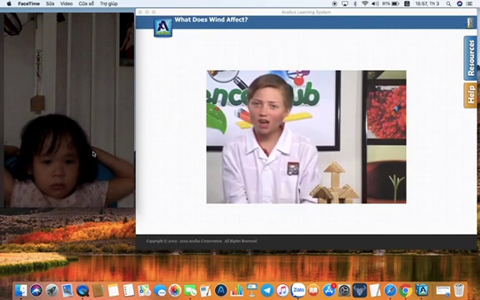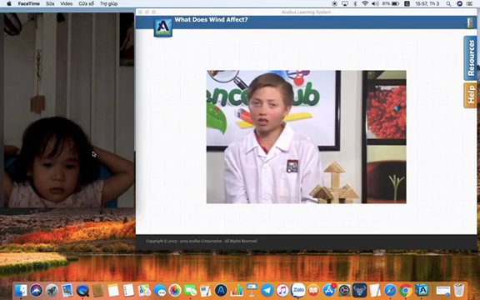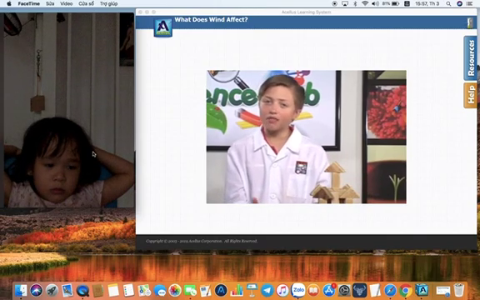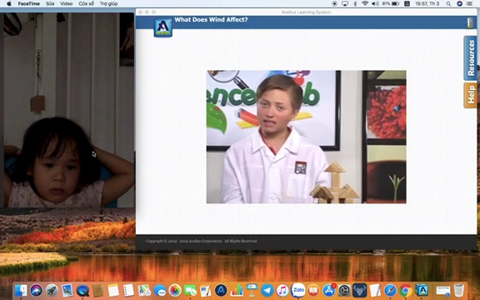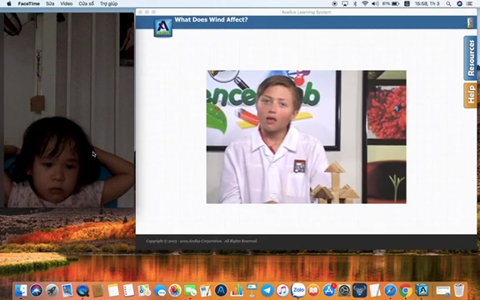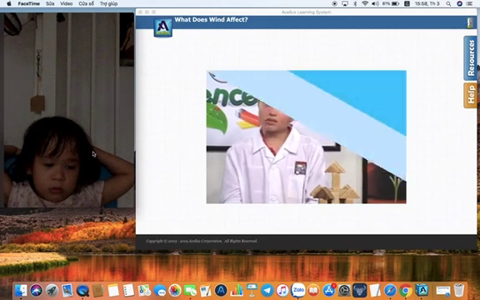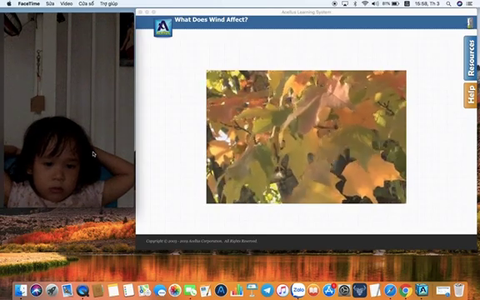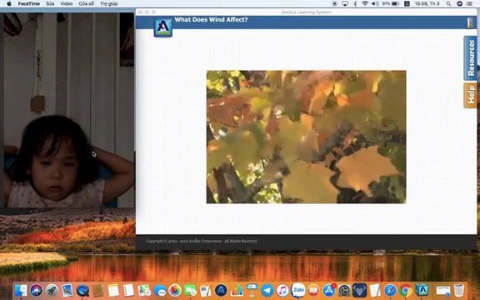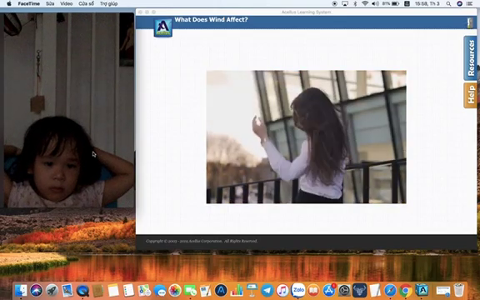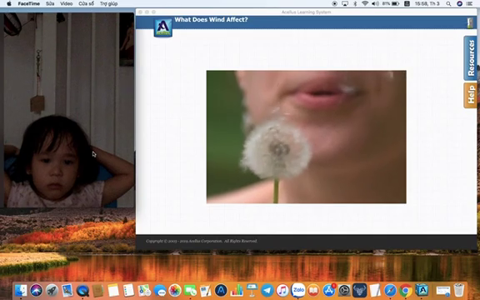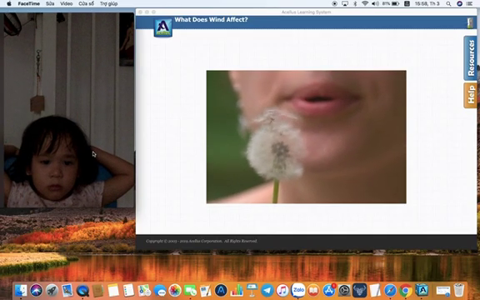Now we are going to talk about some things that are light that wind can blow and some things that are heavy that wind cannot blow. Some things that are light that wind can blow, like we've seen the feathers, are leaves and hair, and some seeds like dandelion or milkweed seeds are blown by the wind.